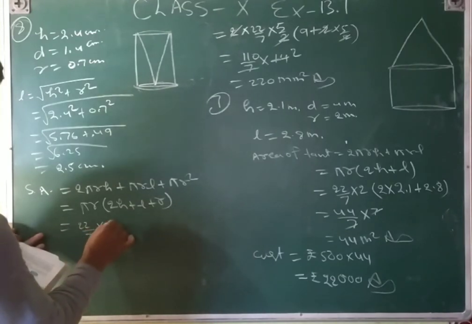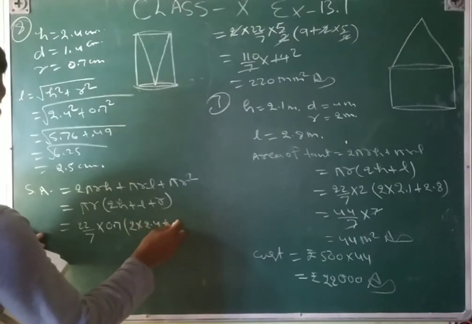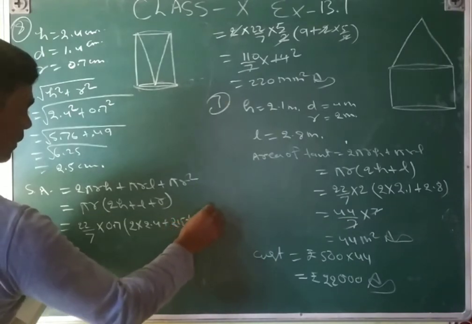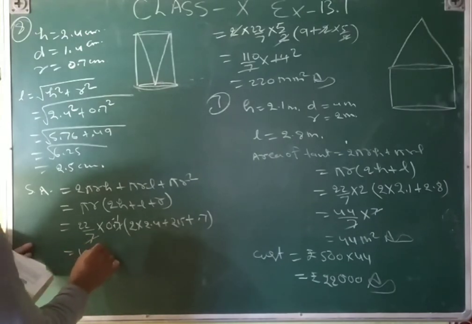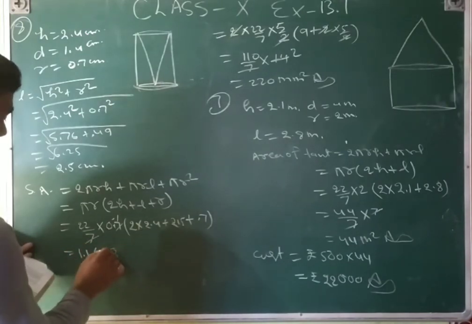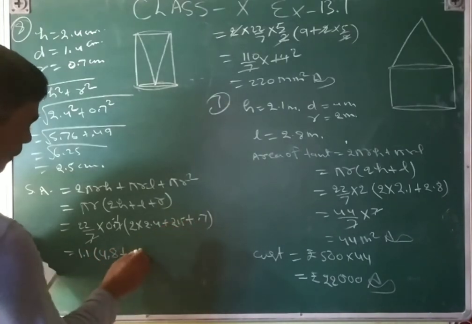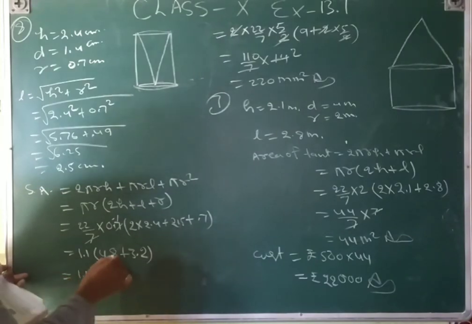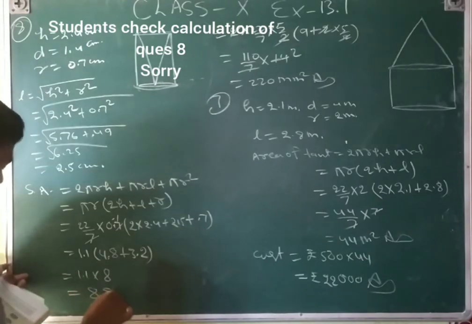R is 0.7, 2 into H is 2.4 plus L is 2.5 plus R is 0.7, and then 7 1 ja, so that is 1.1, and then 2 4 ja 8, 2 2 ja 4 plus, that is 7 5 12, that is 3.2, and then 1.1 into 8 to 10, 0 4 4 8, 88.